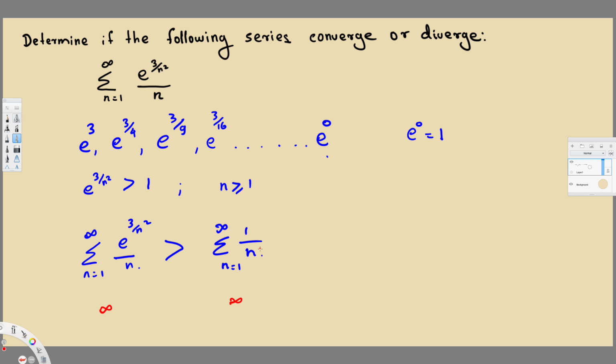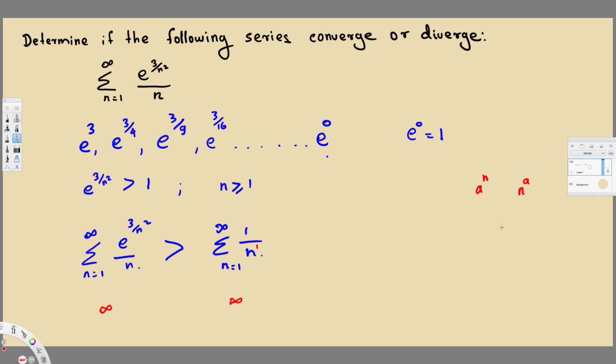So let's see. If you notice, this is a p series. If we have a power n, that's a geometric series. If we have n power a, that's a p series. Here we have n power 1, so this is a p series.